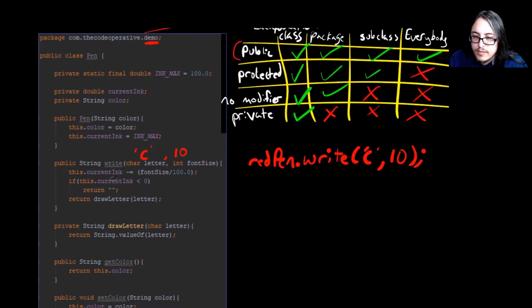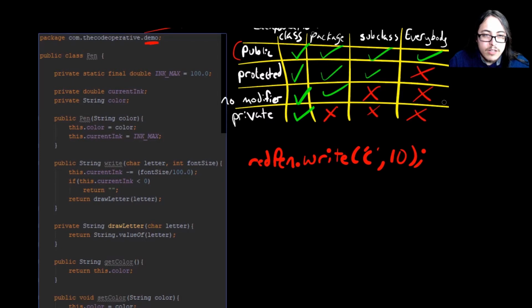Okay. So what is this going to do? Well, it's going to set the current ink, which is currently the ink max.